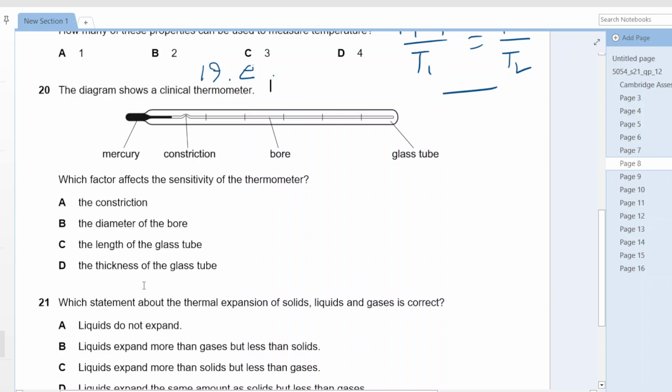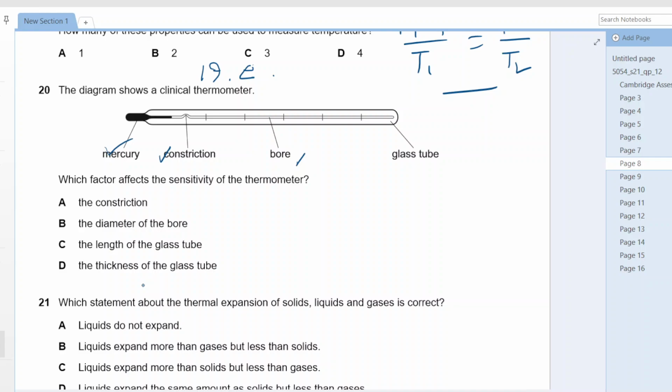The diagram shows a clinical thermometer. There is mercury, there is constriction, there is bore. Bore is a thin tube across which this mercury flows when its volume increases with temperature.